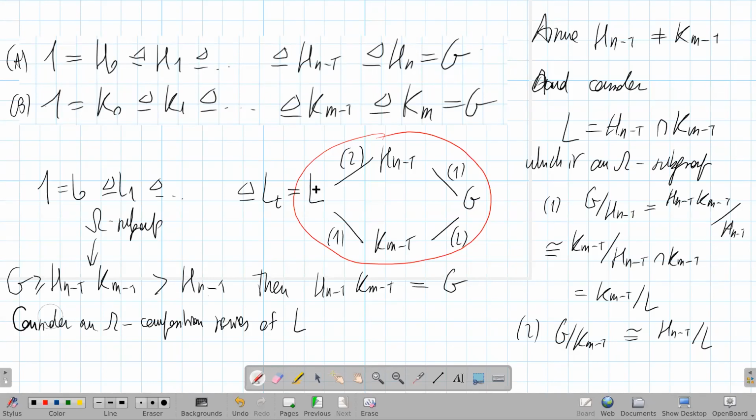What's acting on every subgroup is this omega, which in the case of a principal series is the inner automorphisms of G. So the omega acting is fixed. In the case of a principal series, it will be the inner automorphisms of G, not of L or H_{n-1} or K_{n-1}.